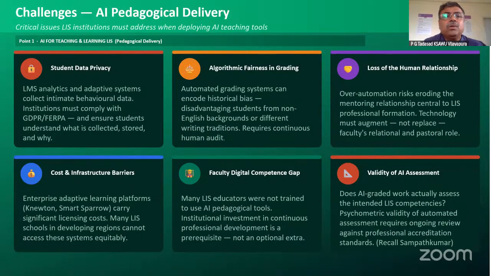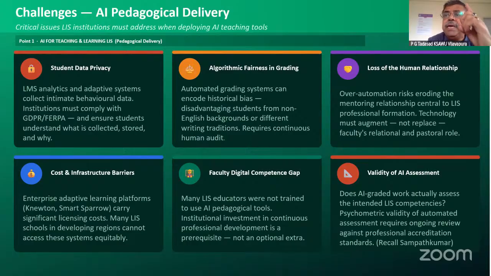The first thing is about student data privacy. This data privacy we have also seen in the morning session on collection development, when we want to map the entire user's profile. The same thing comes over here. The LMS, analytics and adaptive systems collect intimate behavioral data.